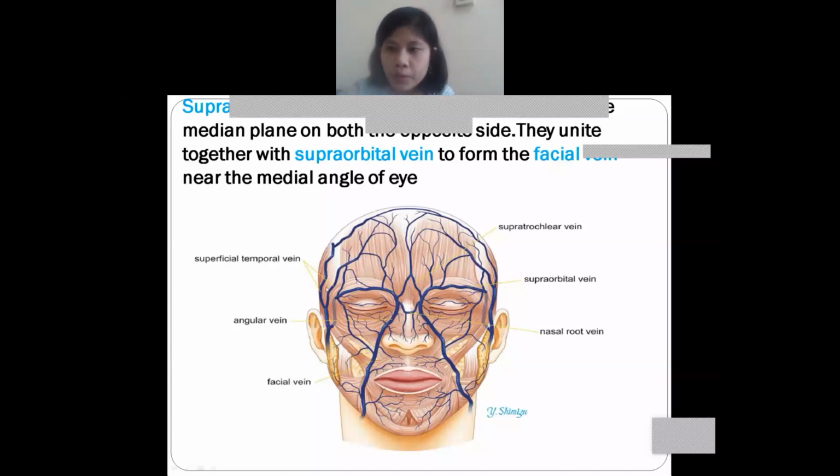Is it all right about the supratrochlear vein, then the supraorbital vein, then the facial vein? Are you clear? Yes, ma'am.